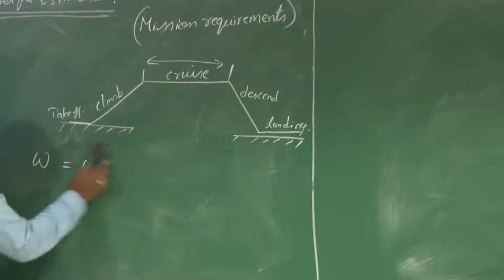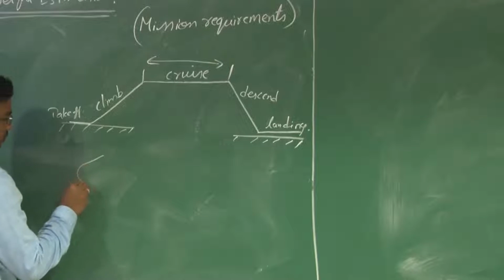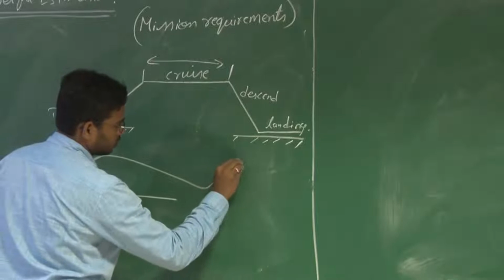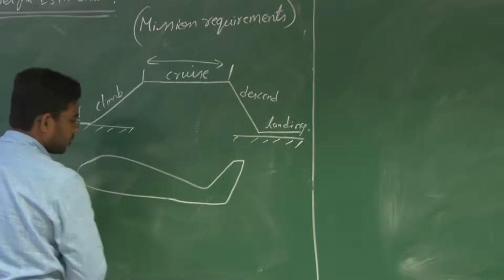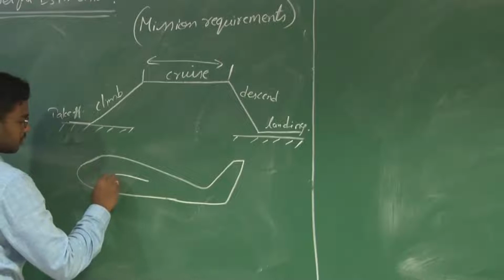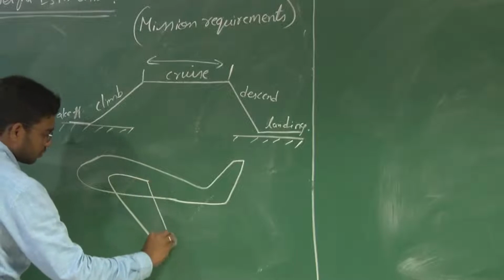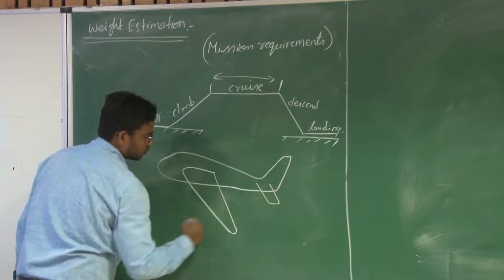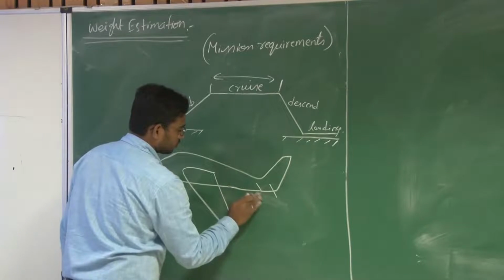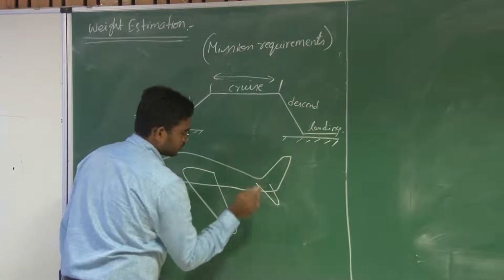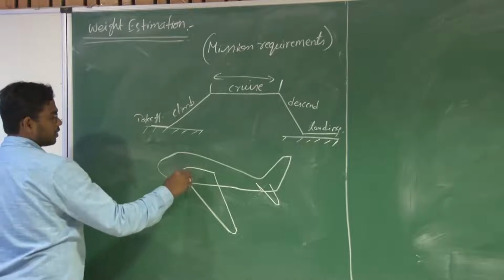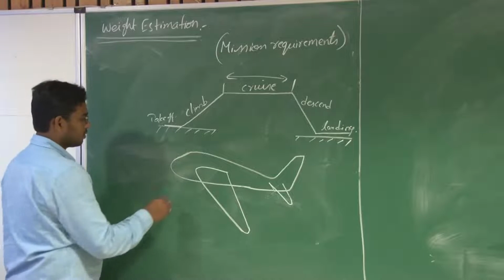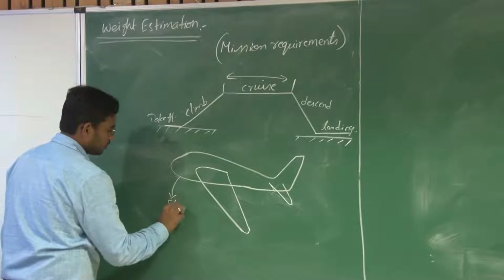So what do you have in a UAV in the first place? We are talking about a fixed wing UAV. What we have is wing, tail, fuselage. All these things sum up to structure.